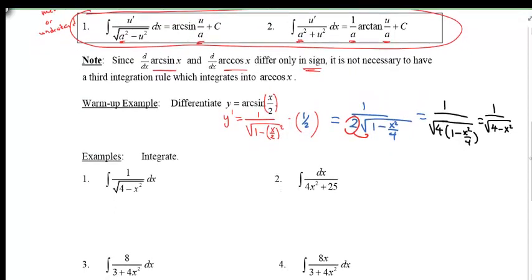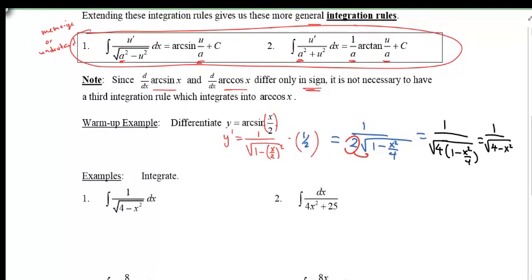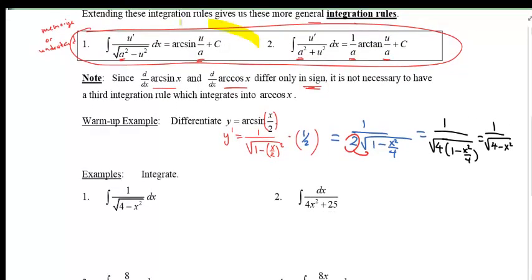Here's example number 1. It seems to be exactly the same question: the integral of 1 over the square root of 4 minus x squared dx. Let me show you first using these rules. Can you see how my a value would be equal to 2, since a squared is 4?